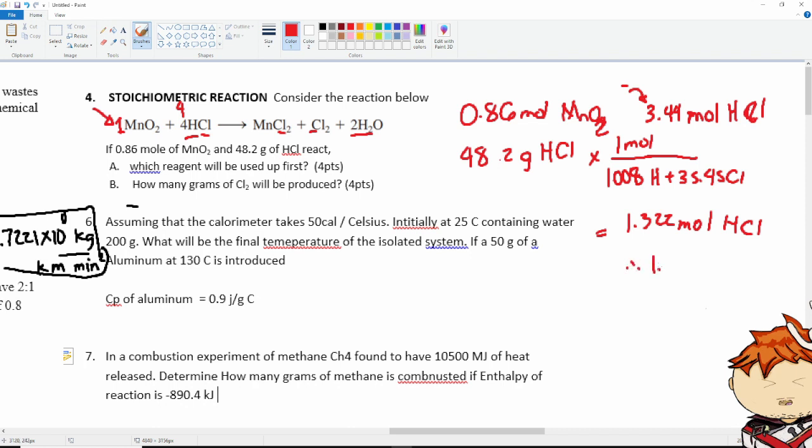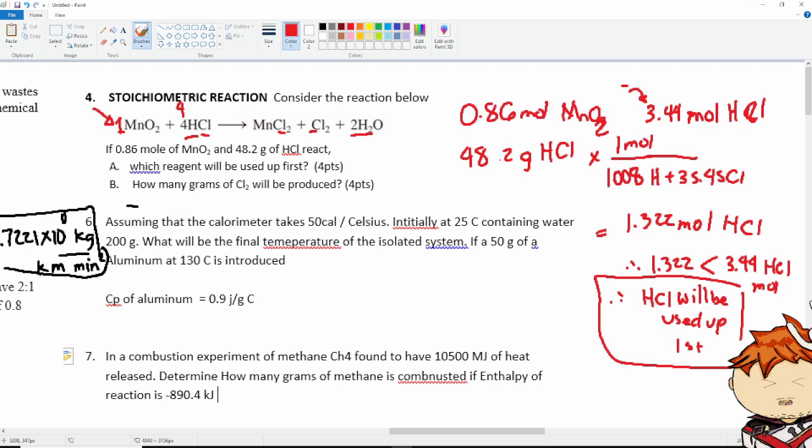Therefore, 1.322 is less than 3.44 HCl molecules. Therefore, HCl will be used up first. Or do we call it the limiting reagent? How many grams of molecules used?